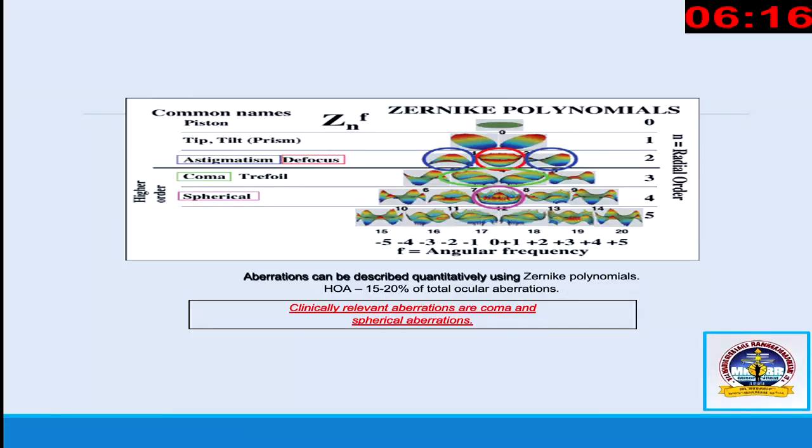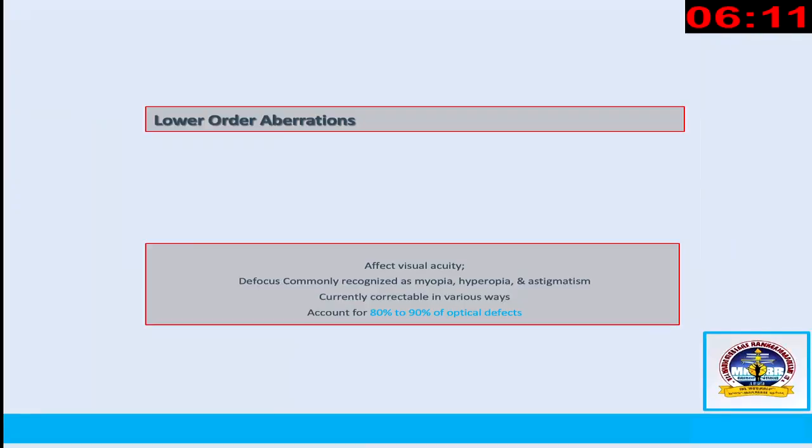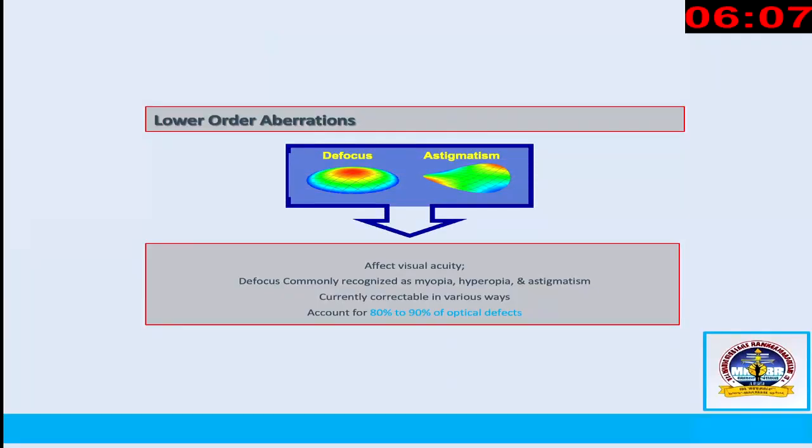The rest of the aberrations, as of now, we are not able to correct with IOLs. Lower-order aberrations are in the form of defocus and astigmatism, which account for approximately 80 to 90% of the optical aberrations in the eye.